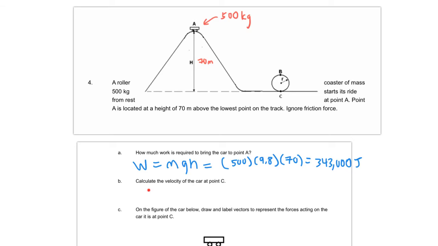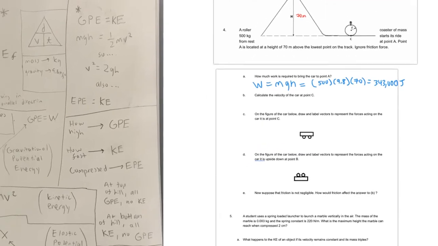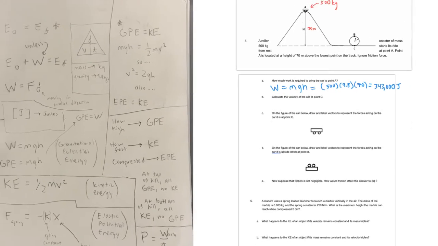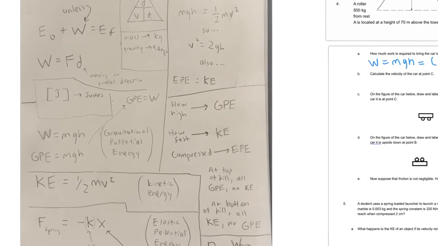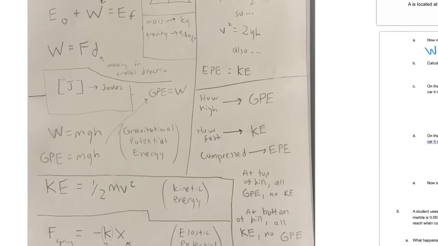Okay, so calculate the velocity of the car at point C. So velocity, once again, I'm sure my student at home is getting it now, that when there's mention of velocity, we should be thinking about kinetic energy. And it's kind of cool to see this, I think everyone's going to appreciate this.